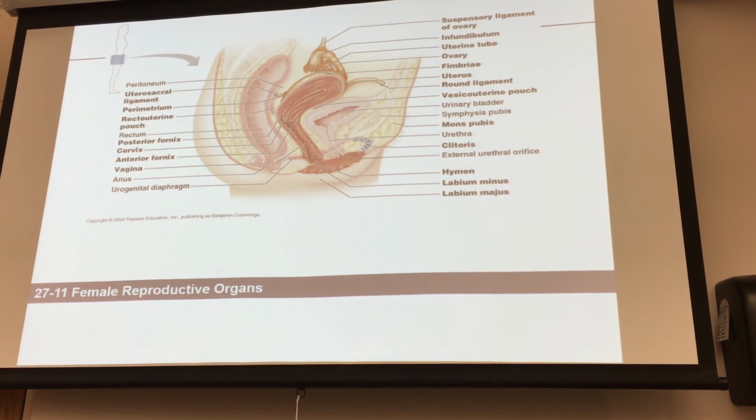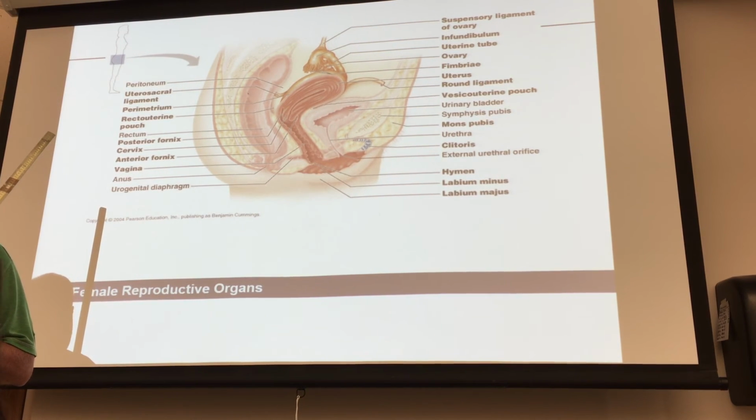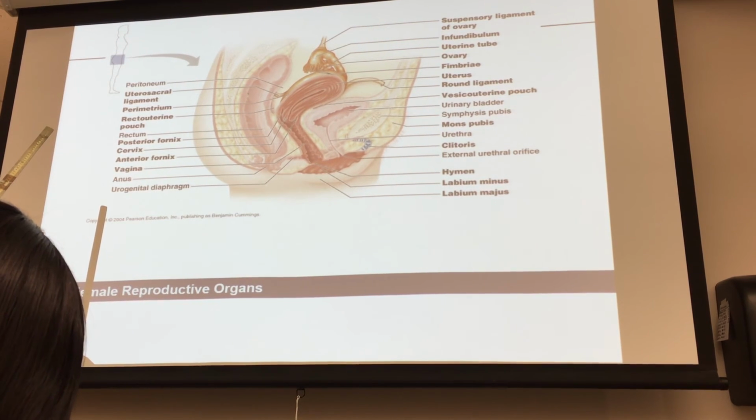How many uteruses are there? 1. Where's fertilization take place? These are all test questions. In the ampulla of the oviduct. Ampulla of the oviduct. 1 sperm or 20? Good question. 20.